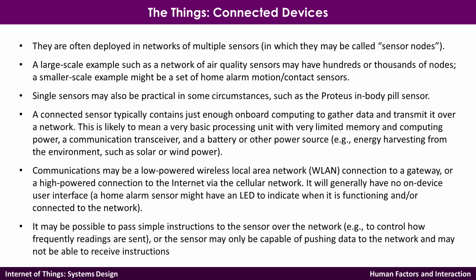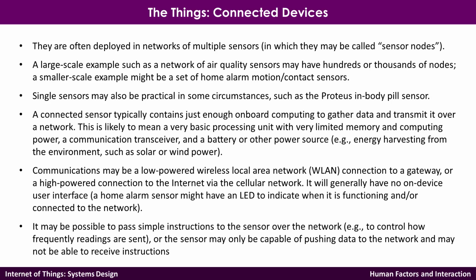Further, in connected sensors, the amount of onboard computing you have is only sufficient to gather the data and transmit the data over the network. So there's less of an expectation to do any more processing within the connected sensor node, which means that we can eliminate any kind of excessive computational resources and reduce the cost of a node drastically.